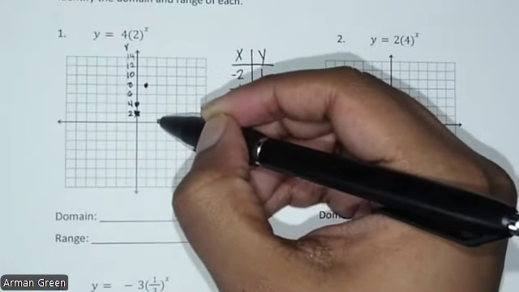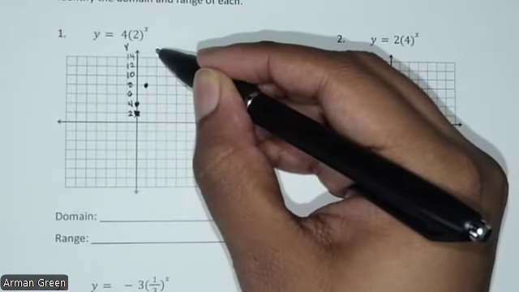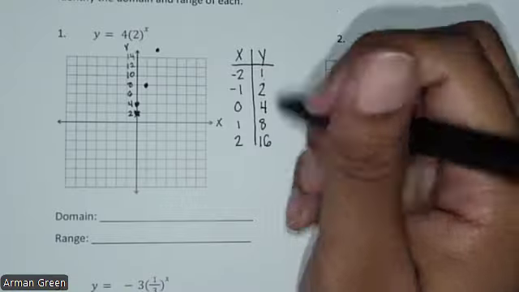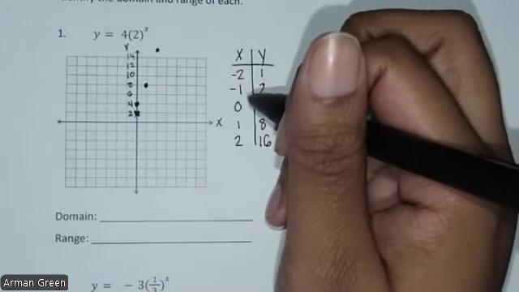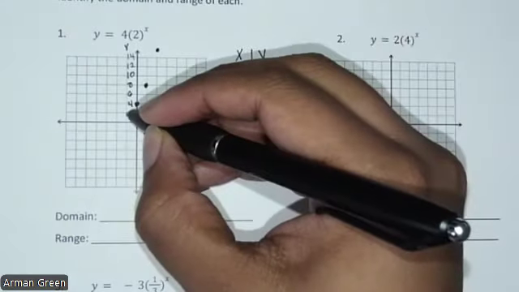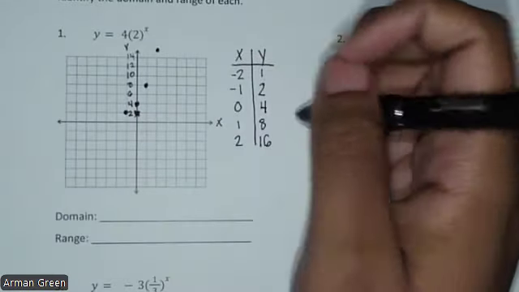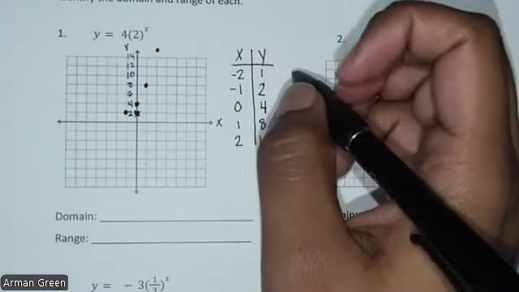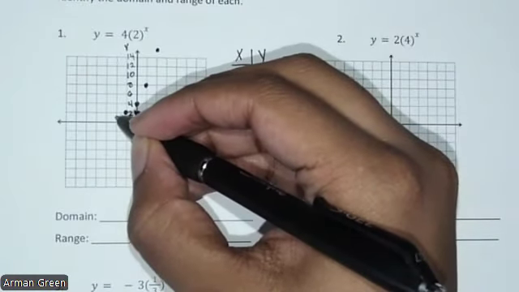When x is 2, our y value is 16, so we're going to go slightly above the grid here. If I go in the negative direction, when x is negative 1, my y value is 2, so I'm going to have a point right here. When x is negative 2, our y value is 1, so we're going to have a point right here.